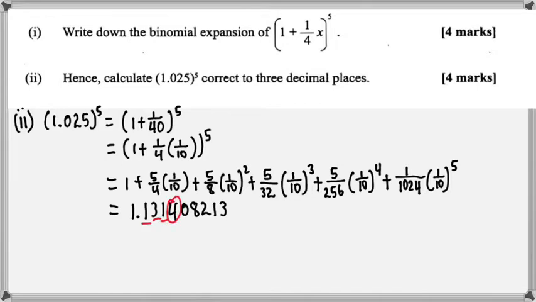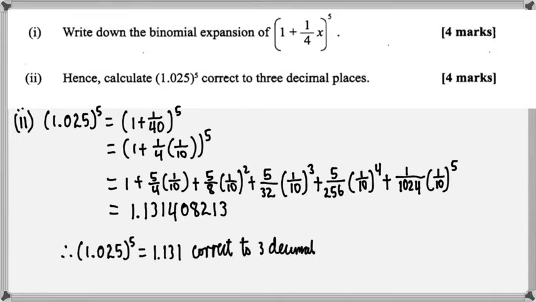The next digit is less than 5, so it wouldn't increase the third decimal. So your answer should be 1.131, correct to 3 decimal places. You could use your calculator to double check. Plug this in and you should get, not exactly this, but it will approximate to that when you round to 3 decimal places.